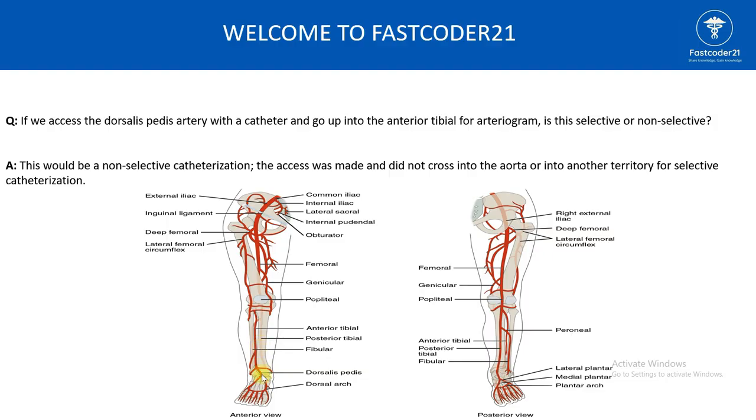The dorsalis pedis artery as well as the anterior tibial are both in the same territory. Correct? So we call it non-selective catheterization. If the catheter crosses the anterior tibial, posterior tibial or tibioperoneal territory and goes into the femoral, you can code it as selective catheterization.